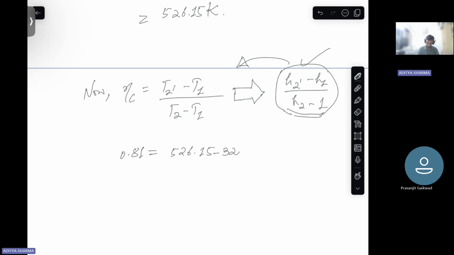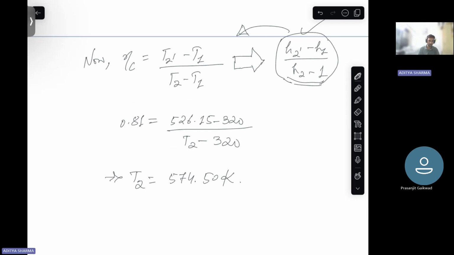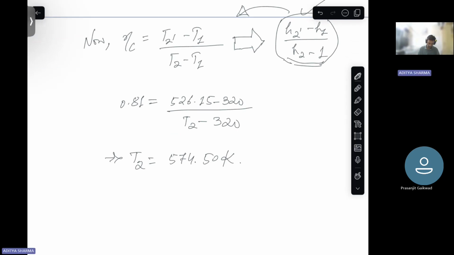526.15 we just calculated. T2 we need to find out. So now we can work this out. So from here, T2 we will get is 574.50 Kelvin, right? So the work for the compressor, the work input for the compressor, is H2 minus H1, which is Cp into T2 minus T1.